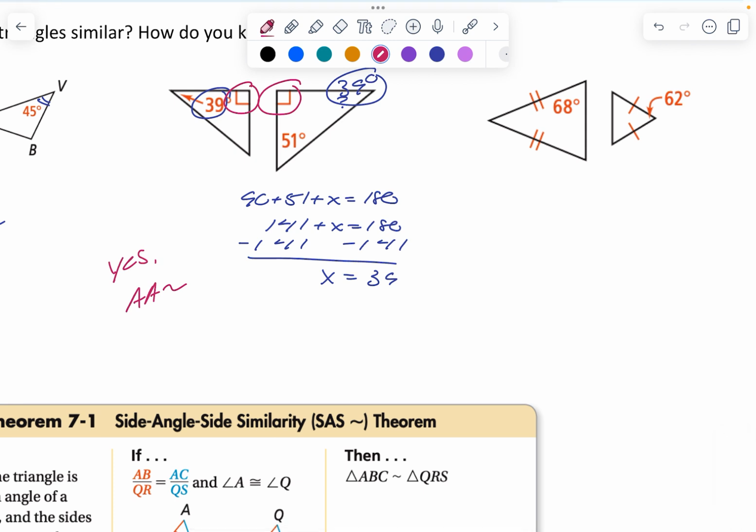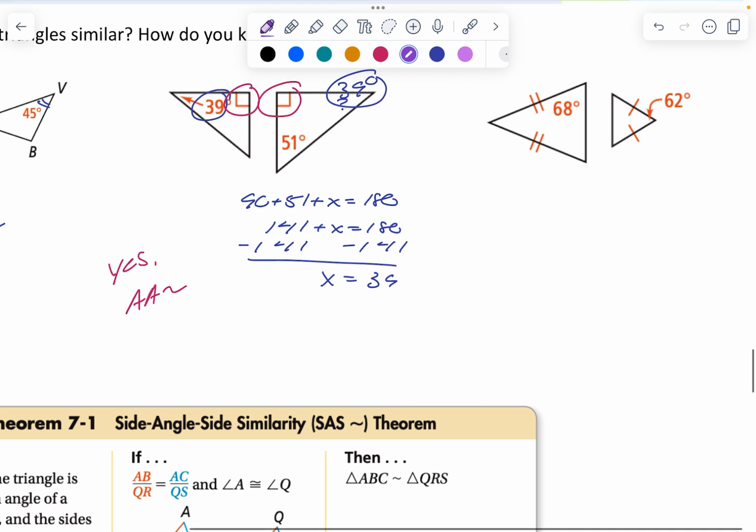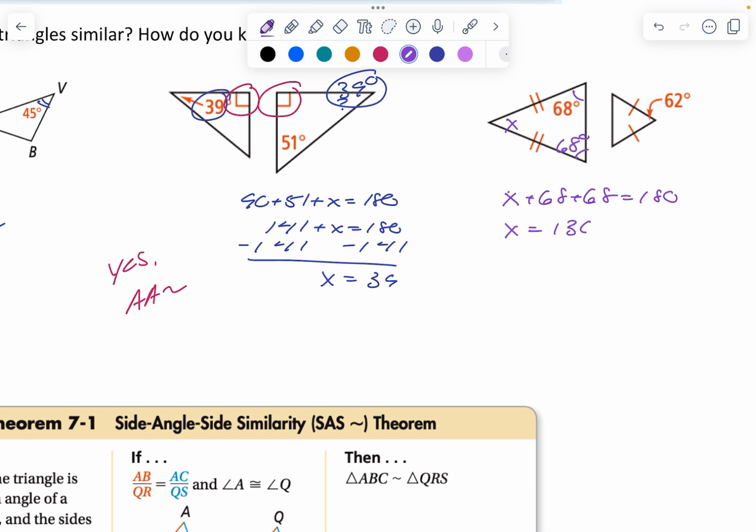Finally, this one. Okay, so it's not the same angles, right? If this was 68 as well, because if the sides are congruent, then the angles are congruent, we could call this x. We know that x plus 68 plus 68 equals 180, or x plus 136 equals 180, minus 136, minus 136, x equals 44.